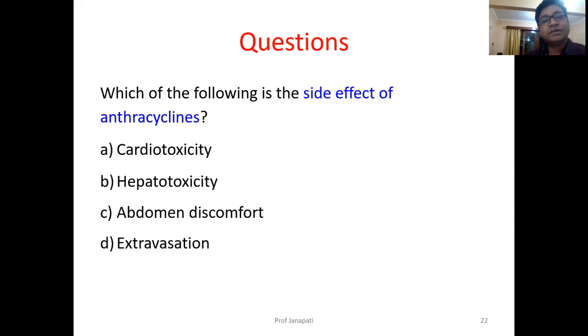Now, which of the following is the side effect of anthracyclines? Cardiotoxicity, hepatotoxicity, abdominal discomfort, extravasation. So A and D are the side effects: cardiotoxicity and extravasation injury.